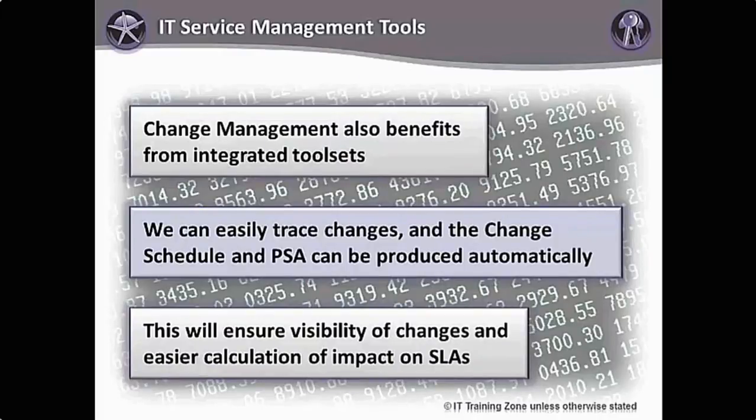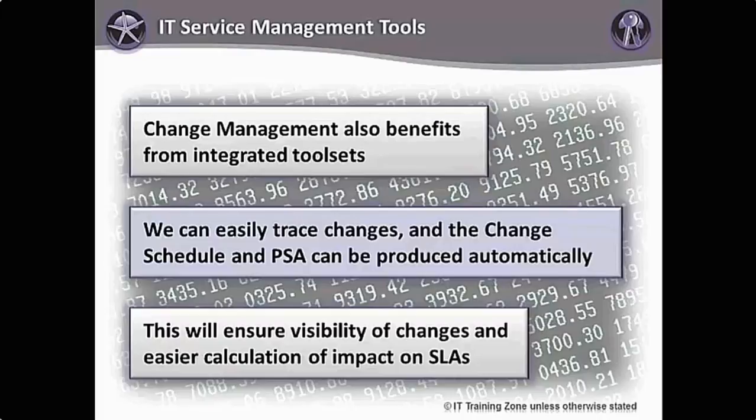Change management also benefits from integrated tool sets. We can easily trace the changes that have been made to a service or a component, and the change schedule and projected service availability information can be automated, enabling easy production and retrieval.